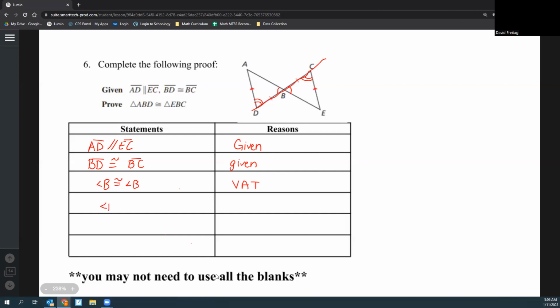So I can say angle D is congruent to angle C by the alternate interior angle theorem. Once I have angle, side, angle, I can make the statement that triangle ABD is congruent to triangle EBC by angle, side, angle.